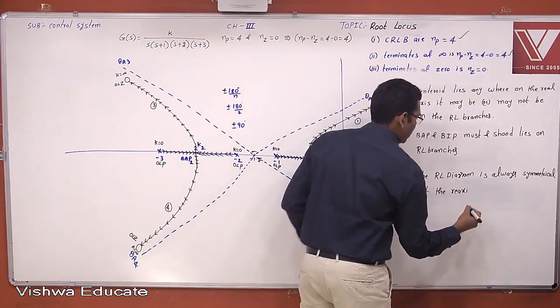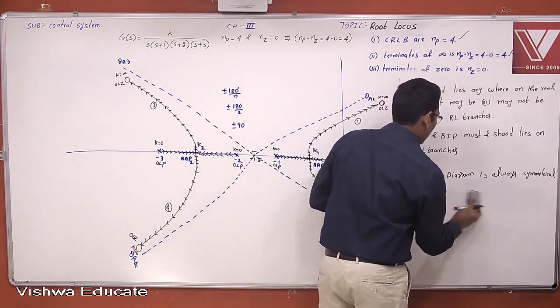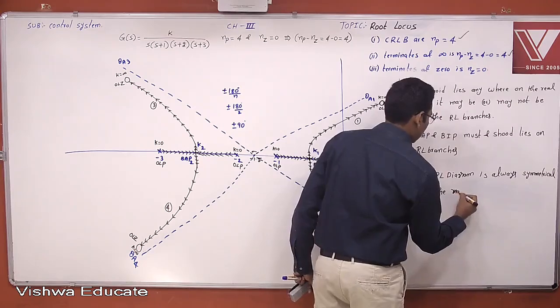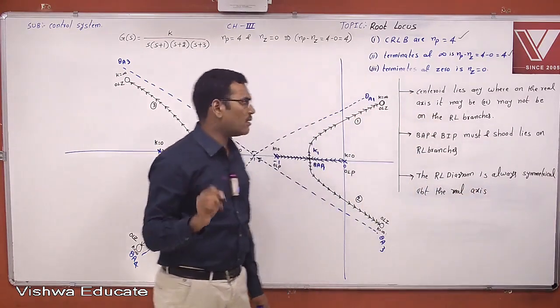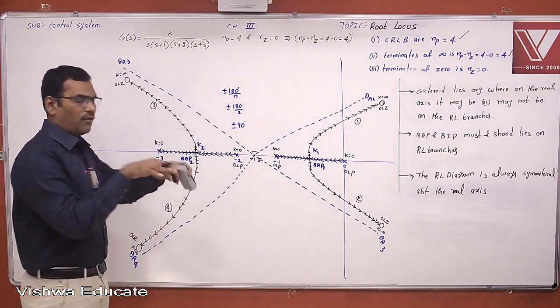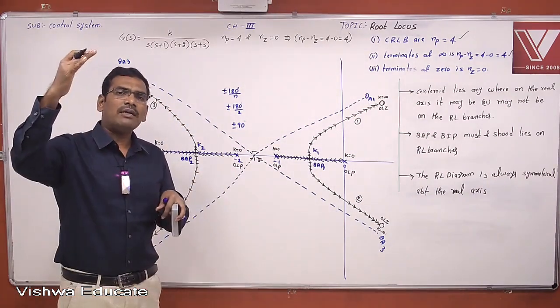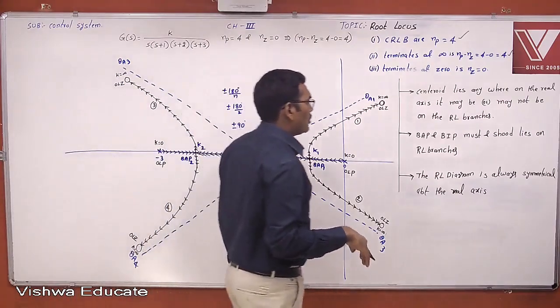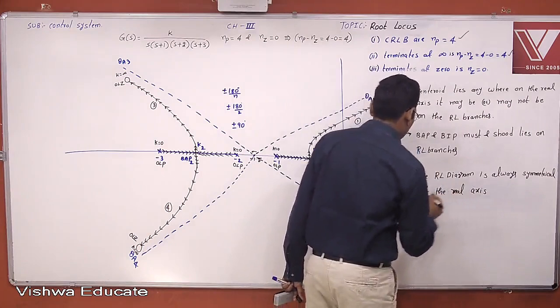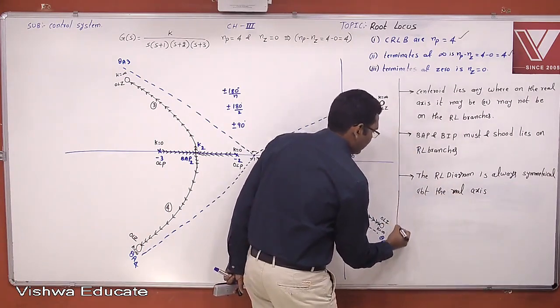With respect to the real axis, the diagram should be symmetrical. The root locus diagram is always symmetrical about the real axis.